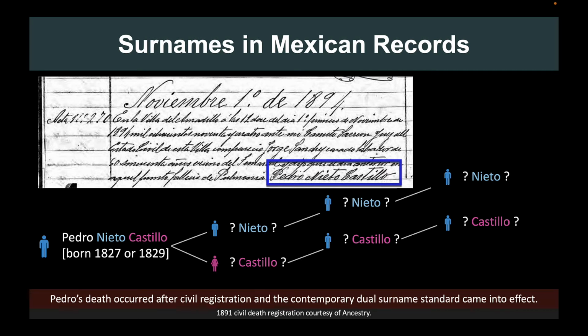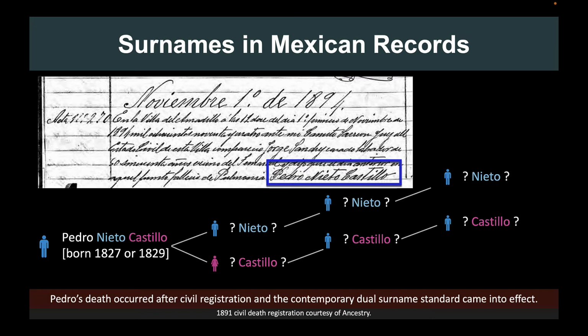Encountering this record and understanding this still newish dual surname system in place by this time, we can make some important inferences. We can infer that Pedro's father, and possibly his patrilineal line further back, carried the surname Nieto as well. We're used to making this kind of inference when doing most of our genealogical research on U.S.